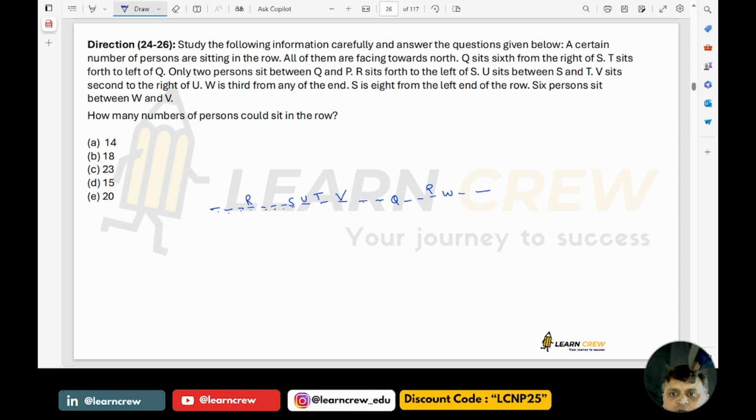So here you should have R. Now everything is used; W is already used, and V sits second to the right of U, also already used. Now, how many persons could sit in a row, maximum? 1, 2, 3 up to 20. So the answer is 20.